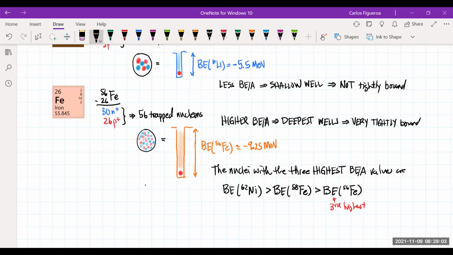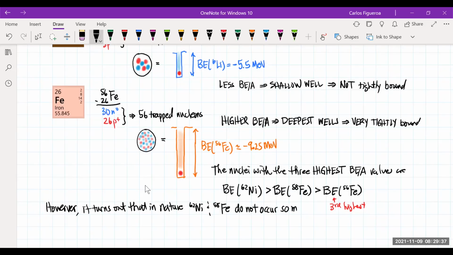However, it turns out that in nature, nickel 62 and iron 58 do not occur so much.